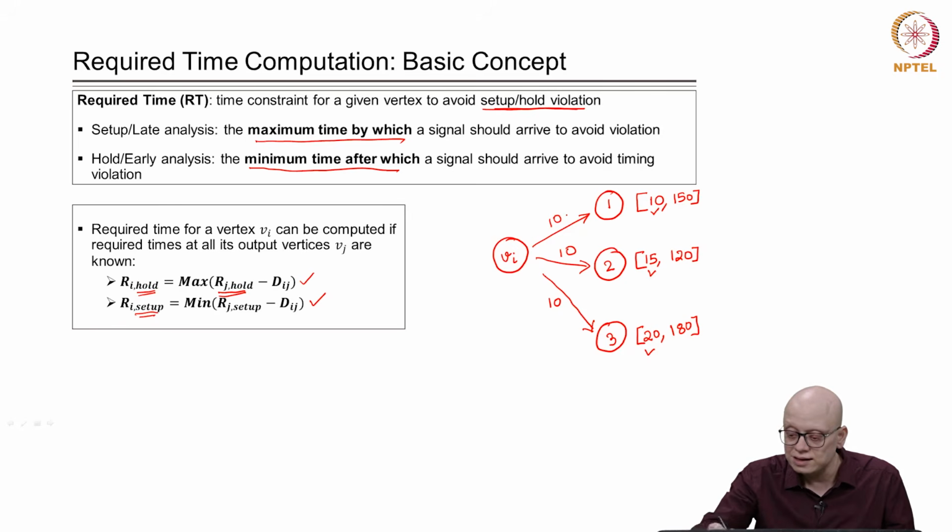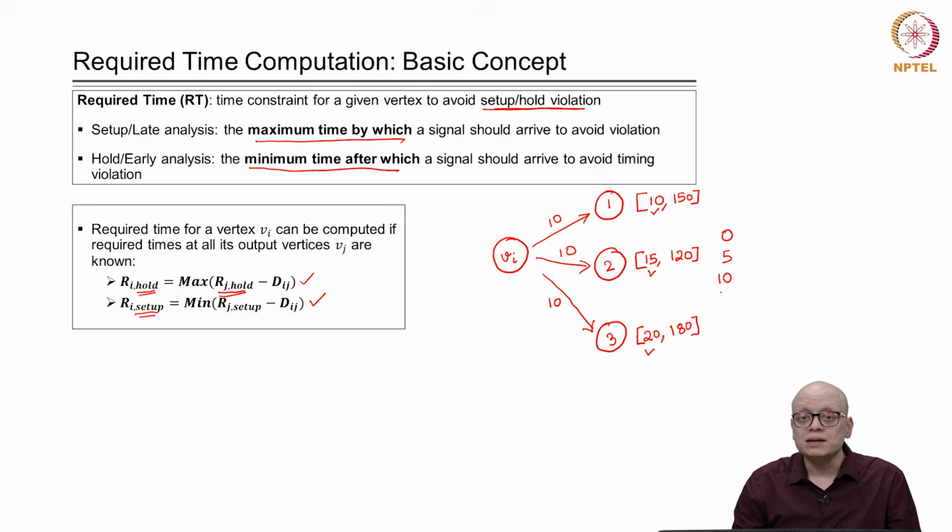So, 10 minus 10 is 0, 15 minus 10 is 5 and 20 minus 10 is 10 for the third vertex, right. Out of this we have to take the maximum, and the maximum is 10 in this case.